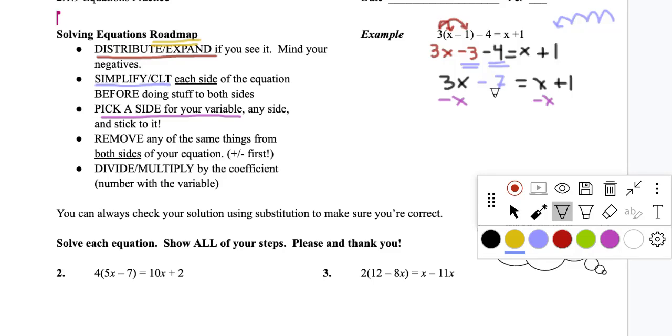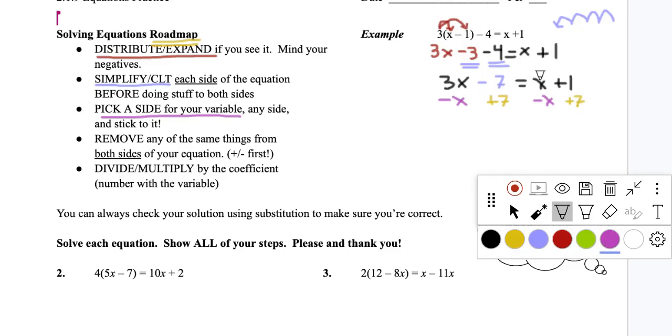Next up, I'm actually going to do 2 things at once. I know this is kind of an advanced move, but what you want to do is move anything that's not x to the other side. So we're going to do inverse operations.